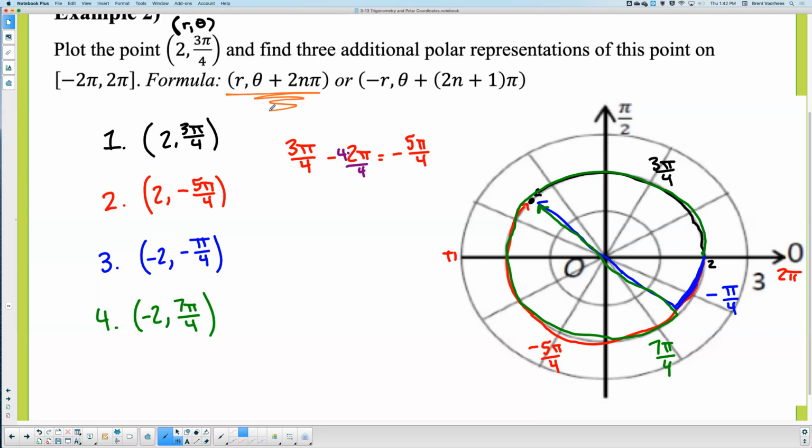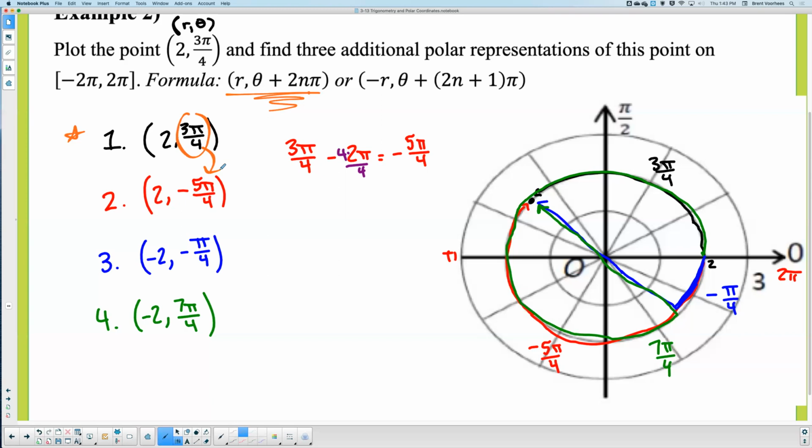If you took any one of the points, let's just take the very first point, it says you can add 2 pi to it to get your other value. You could add or subtract, by the way. If I took this and subtracted 2 pi's, what would I get?